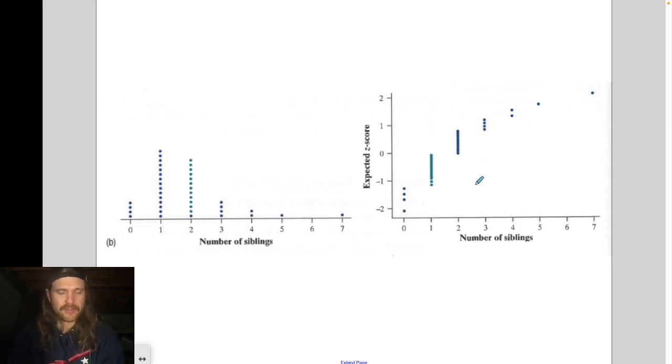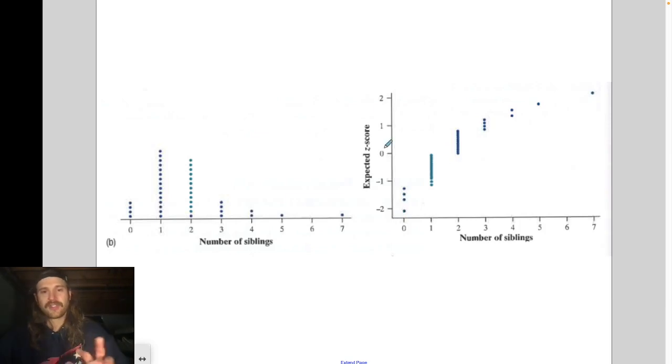Let's take a look at this one. When we look at the dot plot here, we can see that this is clearly skewed to the right, being pulled in this direction. So what we have in our graph here with a right skew is this kind of curve that's going this way.